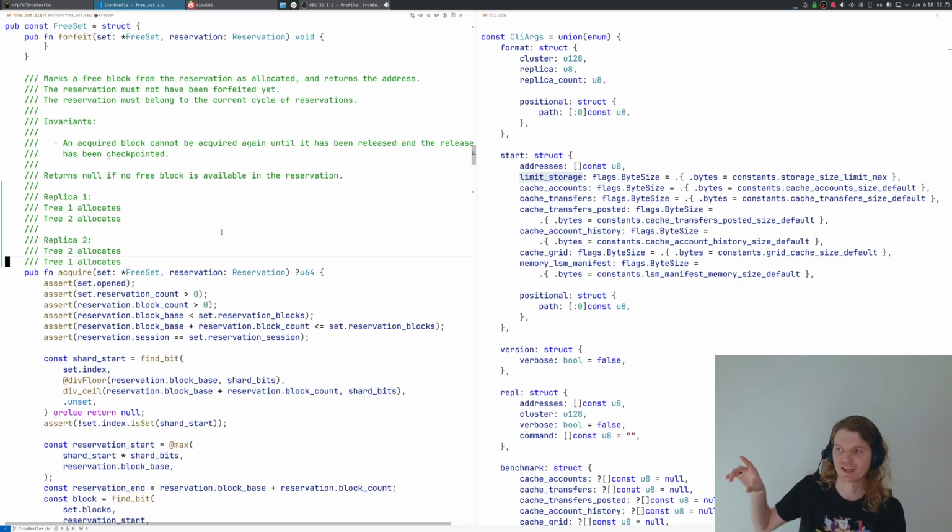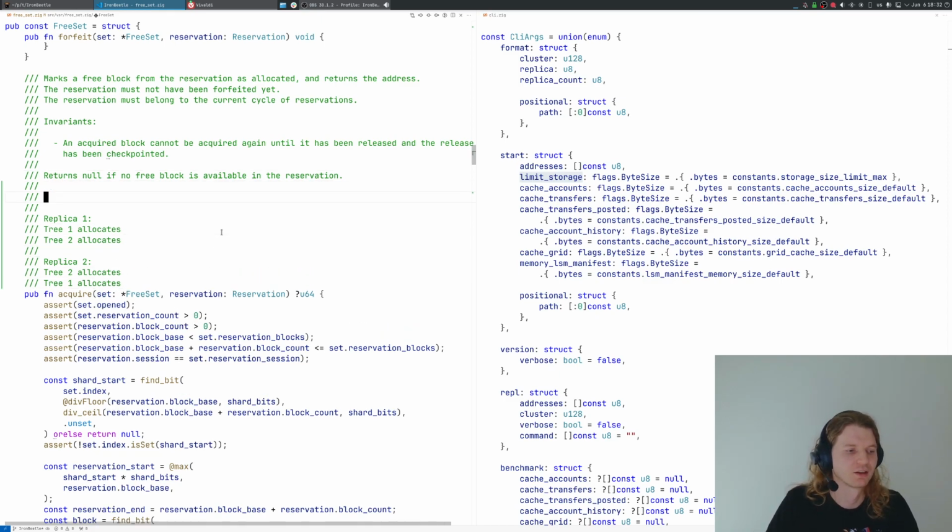So if a replica gets a corrupted block on its local disk, it can request the same block from a different replica. And this is a problem because, imagine that in the first state we have three blocks: blocks number 2, 4, and 8.